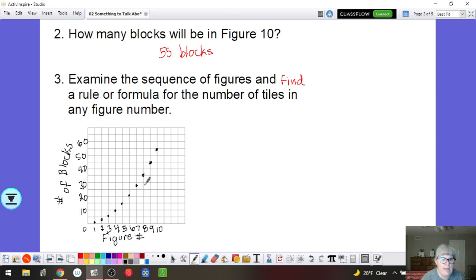Now if we look at the pattern these points are making on the graph, hopefully you can see that it's not forming a line. If it were a line, it would be straight, but this is curved. Because it's curved, we're not going to be able to write any linear equations. So I'm going to start with what we call a recursive formula.